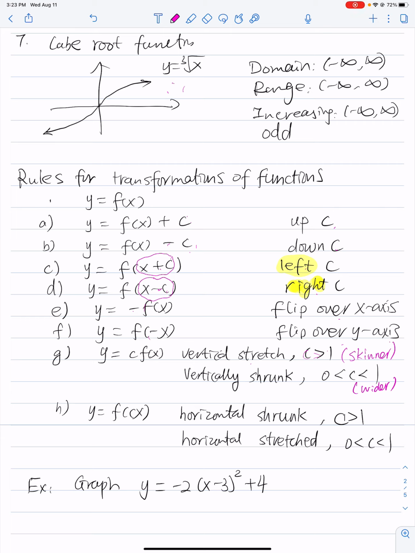And similarly, if you have a c with x, when c is bigger than 1, it is a horizontal shrink, and horizontal stretch when c is less than 1. Typically we focus on the vertical one. We do not do so many questions for the horizontal one because it's the same thing.